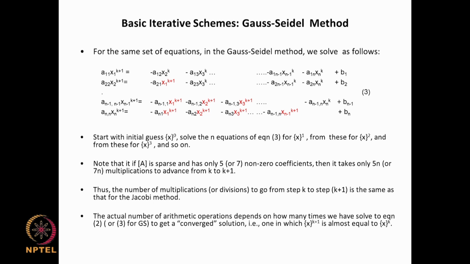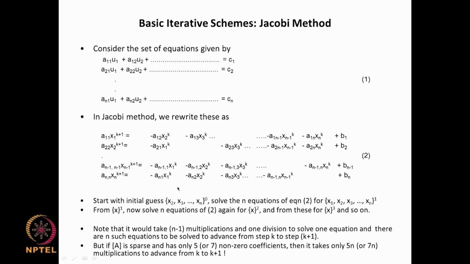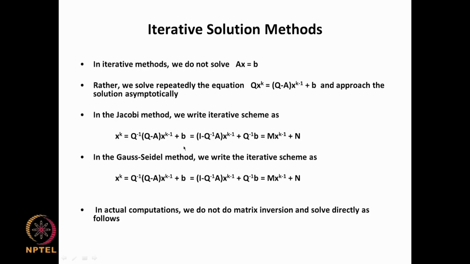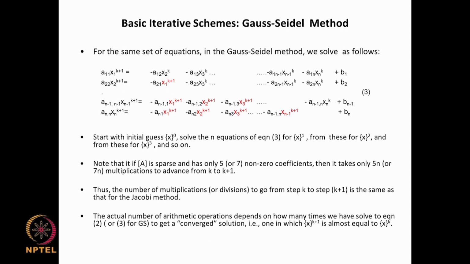And the thing is that if you have, for example, 1,000,000 equations and you want to solve these, then you can solve each equation independently, whereas if you are doing it using the Gauss-Seidel method, if you want to solve this equation, you have to wait for this equation to be solved.